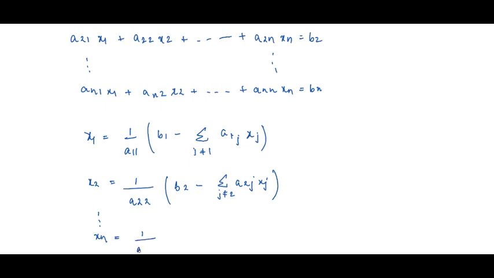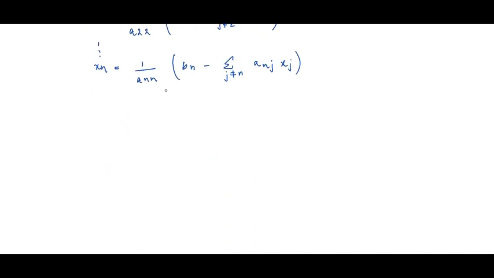Continuing this way, we get xn equals 1 by ann into (bn minus summation anj xj, where j is not equal to n). Now introduce the iterations. The Jacobi iteration formula becomes xi^(k+1) equals 1 by aii into (bi minus summation aij xj^(k), where j is not equal to i).